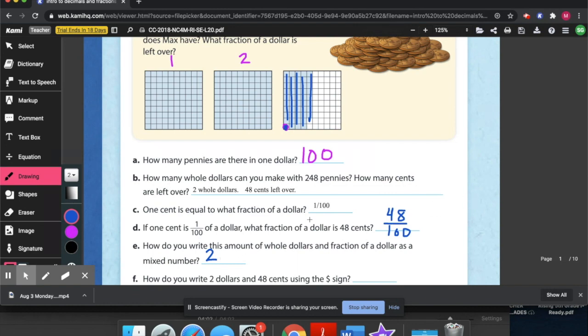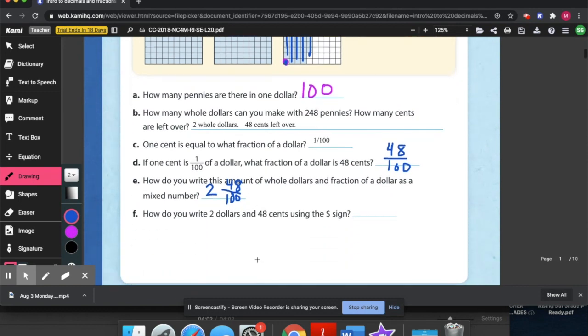So I'm going to put that information right next to it. 48 over 100. That is what a mixed number looks like. And this mixed number represents $2.48.